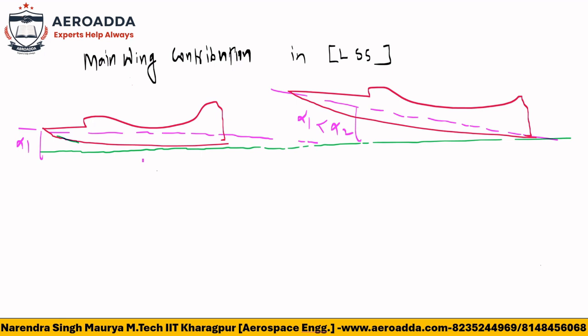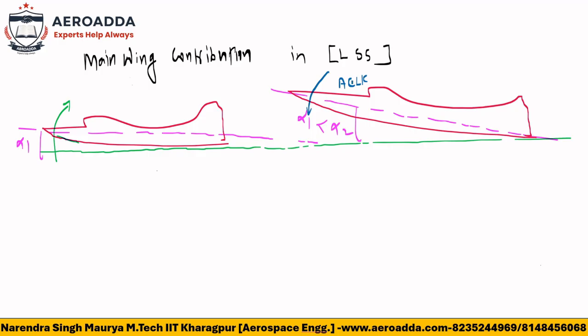So if the nose up condition is there and you want to stabilize the aircraft, what type of moment should you generate? It should be anti-clockwise, because nose up means it is going up. To make it stable, the aircraft should have a counter moment applied, which is nothing but the anti-clockwise moment.